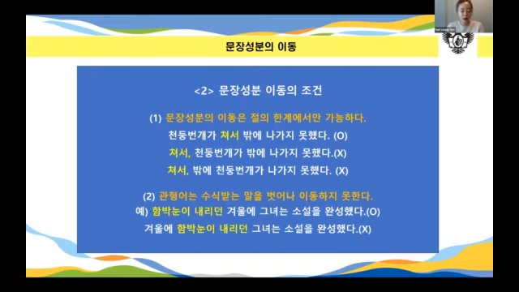Now, let's look at the conditions for moving sentence elements. Number one, movement of sentence elements is possible only within the limit of clauses. Let's take a look at three examples below.